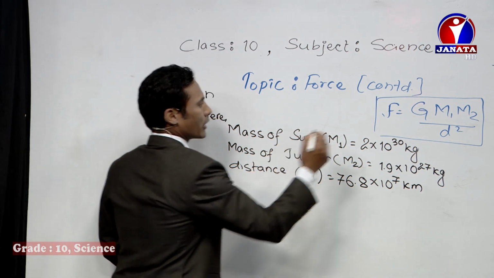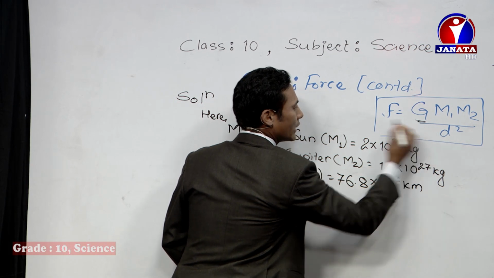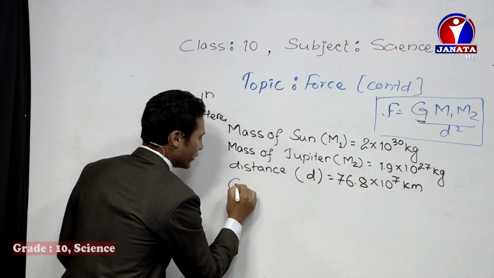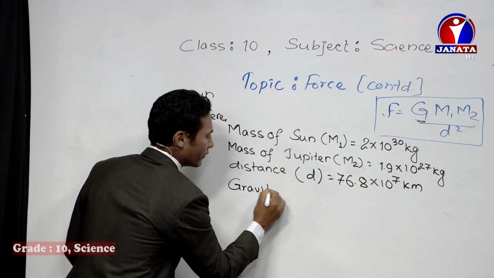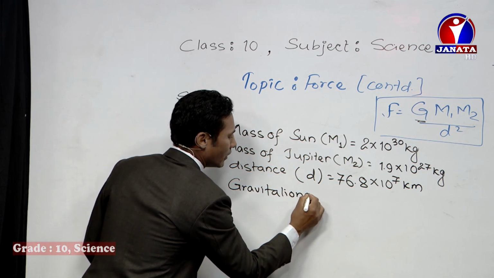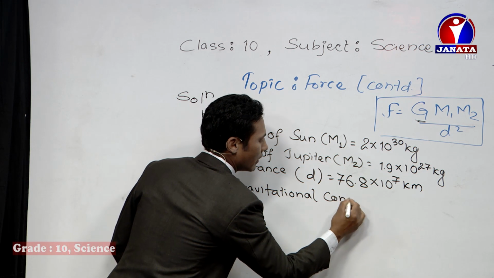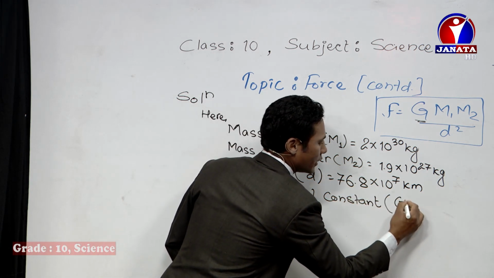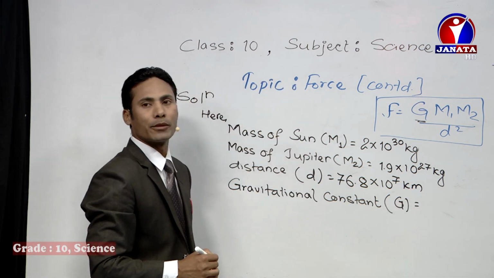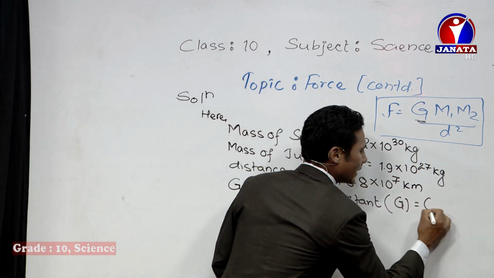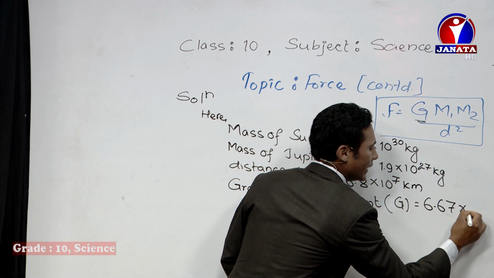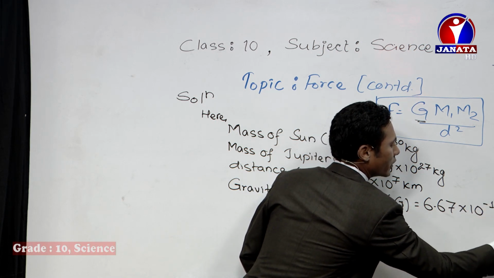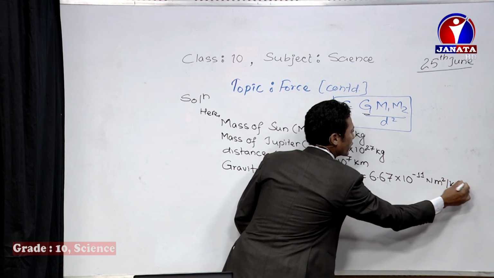One more piece of information: we also have the gravitational constant, so let's write that down too. The symbol is capital G. The value we have discussed previously, that is 6.67 into 10 to the power minus 11 Newton meter square per kg square.